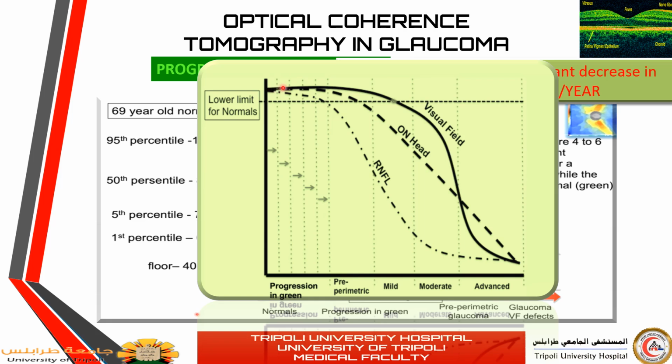You can see that the visual field is stable up to here. From here, this is the conversion point, or the tipping point, in which the visual field starts to decline. However, the structural changes happen very early, and even the optic nerve head changes. So this curve explains clearly that by the use of OCT, we can pick up glaucoma in the early pre-perimetric stages.